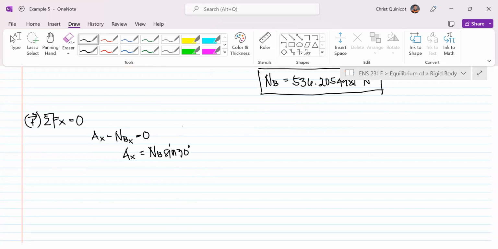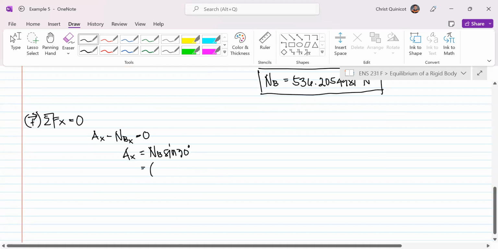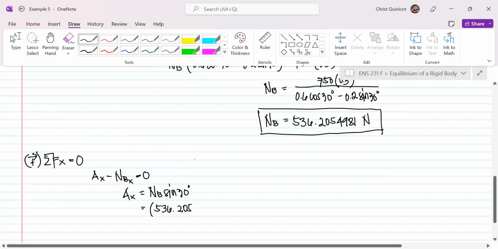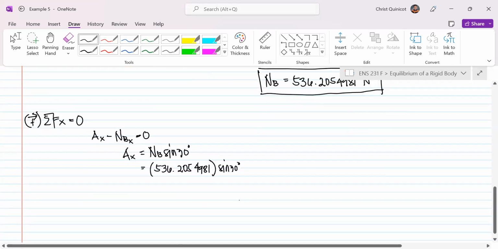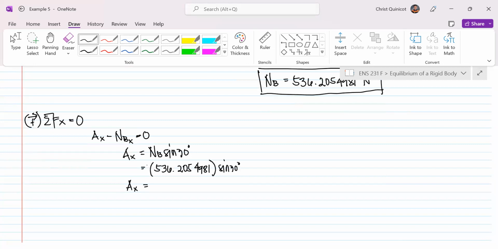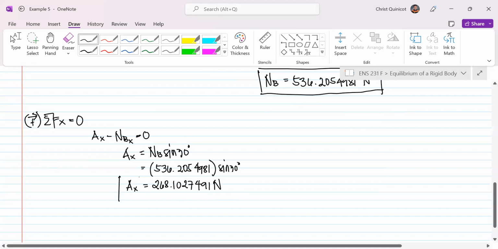Substituting N sub B, 536.2054981 times sine 30, our A sub X is equal to 268.102741 Newton. That is our value for A sub X.